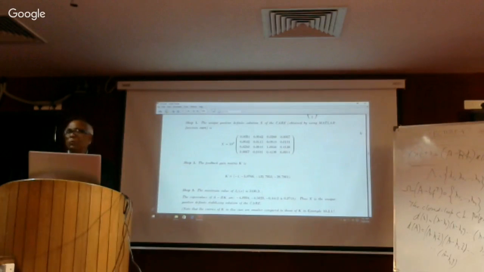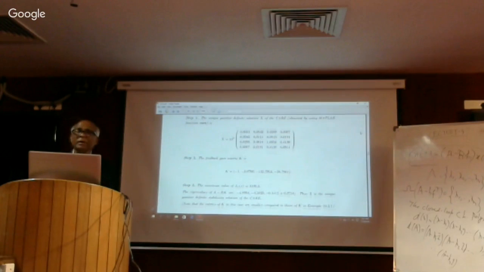Here we have to do that for a problem of dimension 2n, so it's much more expensive because it's a quadratic equation, not linear. But the advantage here is that the entries of the feedback matrix K are much smaller than those of K obtained by the Lyapunov equation approach.